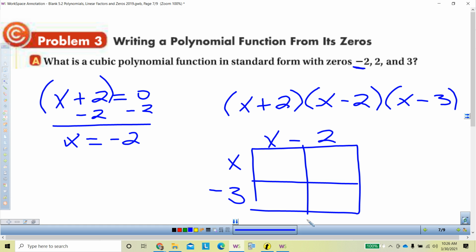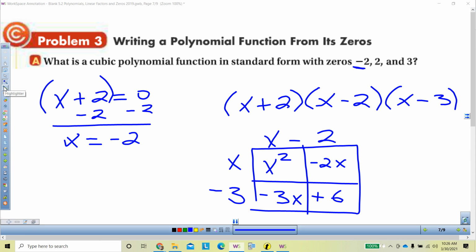If we multiply upper left, we get x squared, upper right, -2x, lower left, -3x, lower right, +6. When you use this box method, the bonus is you can always combine like terms, lower left to upper right, like that, and that's always going to work out.